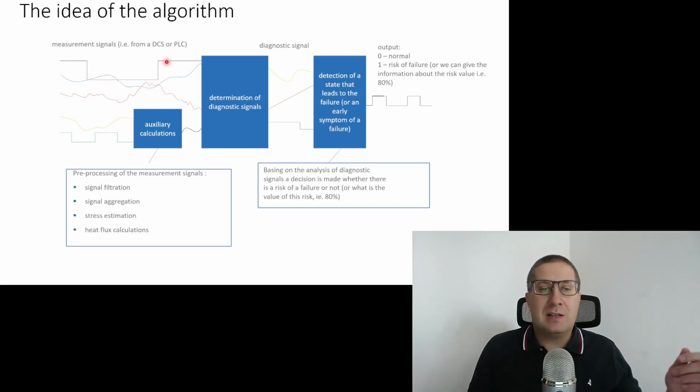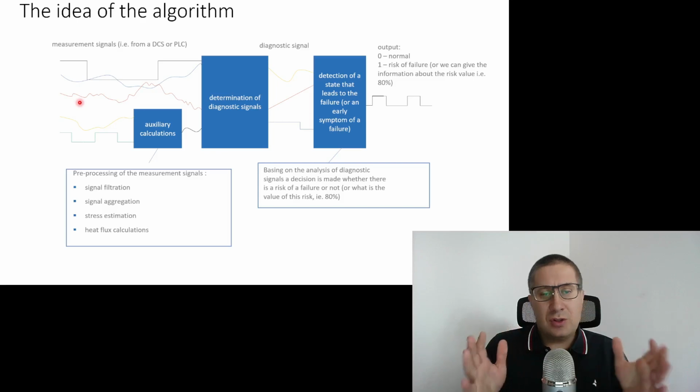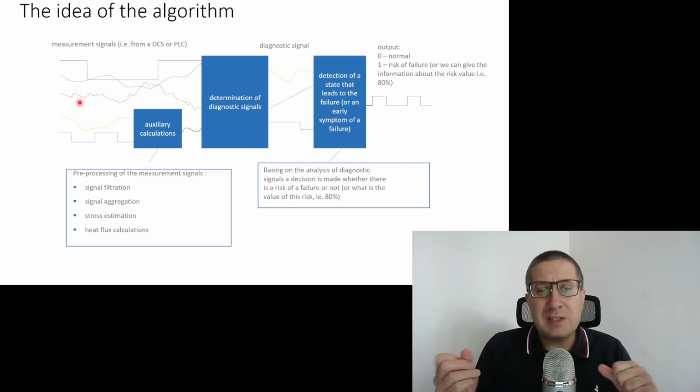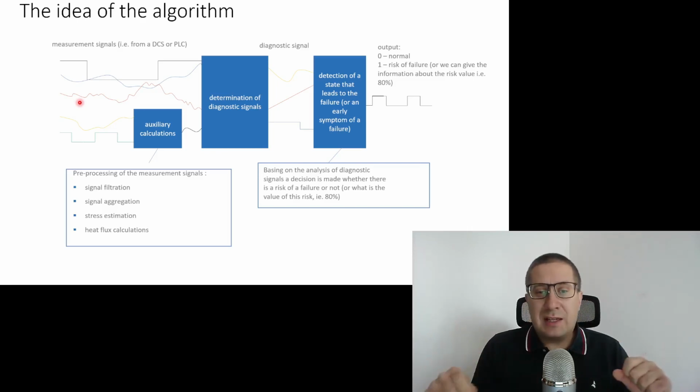So we have those signals that represent the temperatures, flows, device states, process configuration, etc. Many times we have to do additional calculations based on those signals in order to calculate the humidity, do the signal filtration, do the signal aggregation, estimate stresses, etc. Then we can use those raw and transformed signals to calculate the diagnostic signals, and use those diagnostic signals to infer about the risk of a failure.